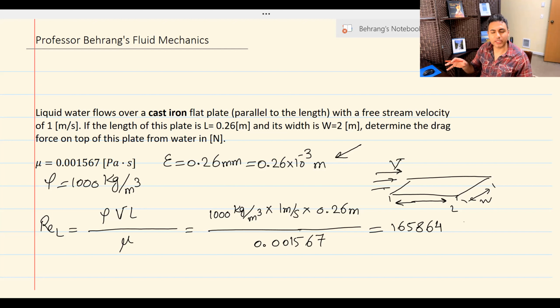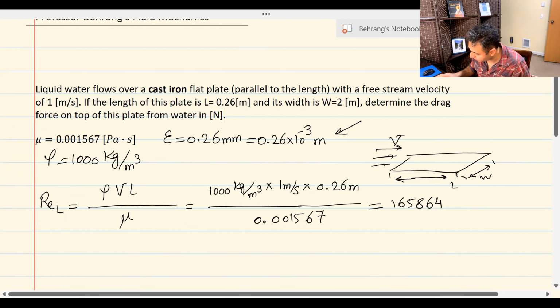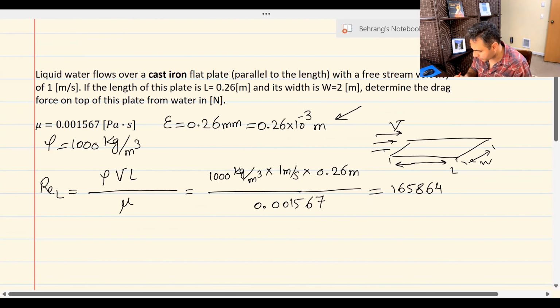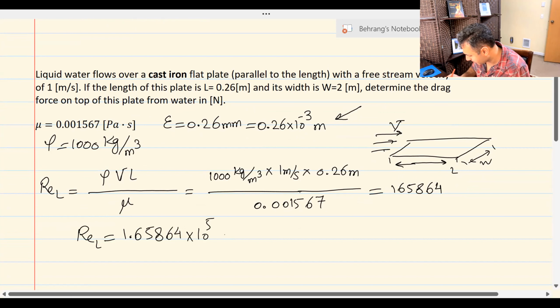So then we check it for category 4. Category 4, if you remember, if you have watched the video, works if the Reynolds number is more than 10 to the 6th. And there's another condition that we have to check too. But based on the Reynolds number that we have here, which happens to be 1.65864 times 10 to the 5th, this is less than 10 to the 6th, so you cannot use category 4 at all.